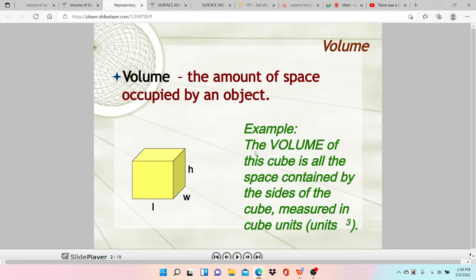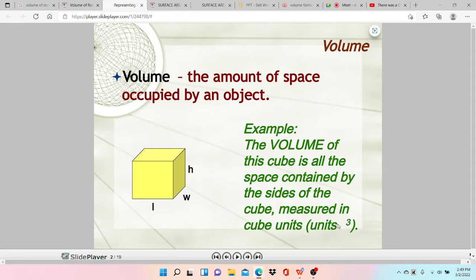Example, the volume of this cube is all the space contained by the size of the cube measured in cube unit. Okay. When you say cube, it is the power of 3.